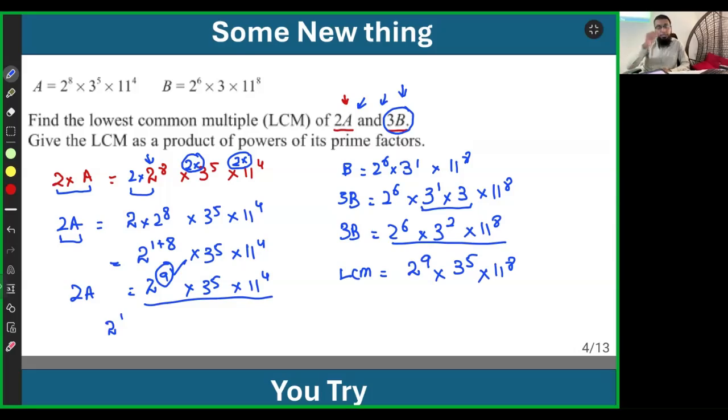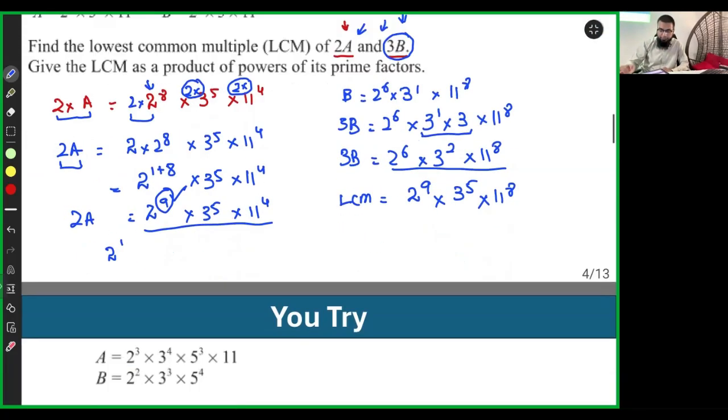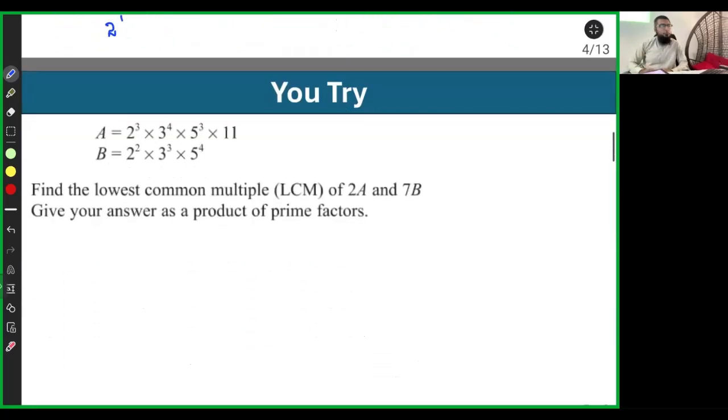Now the next question is for you to try, and we are having the same rules. Okay, no answer in the chat box unless मैं आपको बताऊंगा. ठीक है? Okay. जल्दी से इसे करें जरा. You need to find out the LCM of 2a and 7b. Just keep the things in mind. Got it? What do we mean by 2a and what do we mean by 7b?